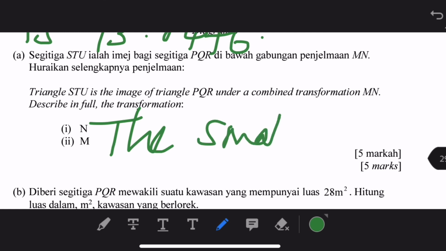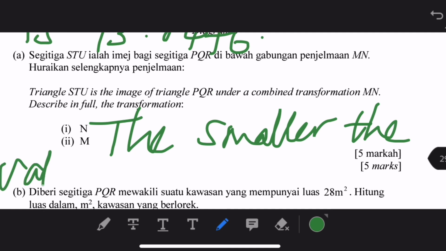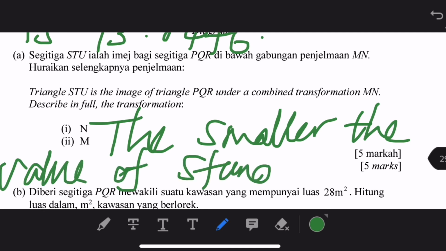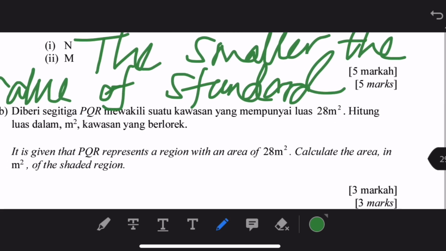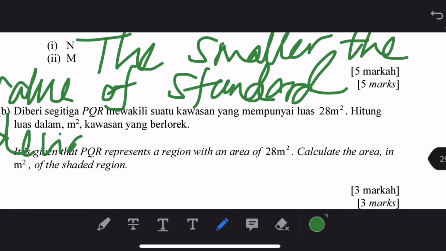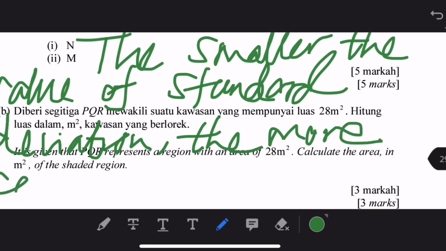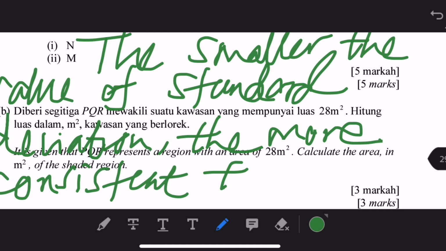And then we can write: the smaller the value of standard deviation, the more consistent the data is.